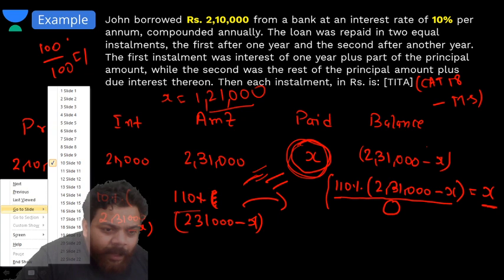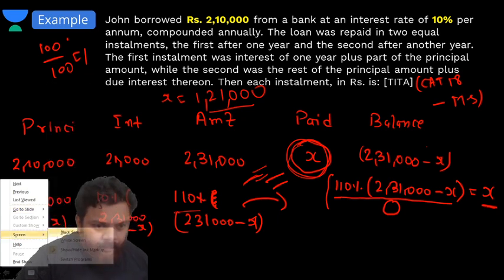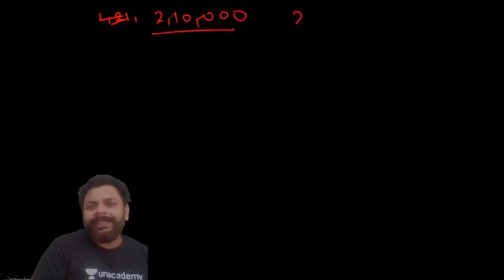Now with the shortcut approach, for the same question, the amount borrowed is 2,10,000 for 2 years, and the rate of interest was 10% compounded annually.